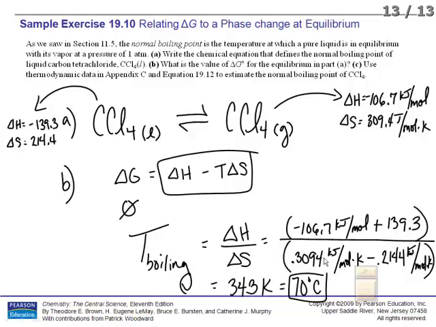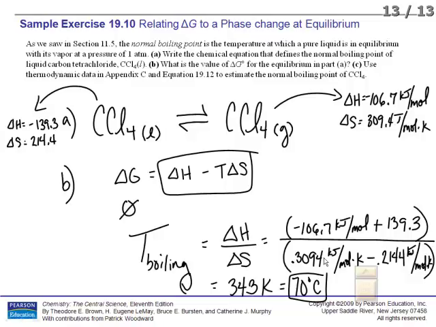And then finally we got to do part C. It says use thermodynamic data in Appendix C and equation 19.12 to estimate the normal boiling point of CCl4. Oh, that's what I did. So what did I do? Oh, okay. So part B was what is the value of delta G for the equilibrium in part A?